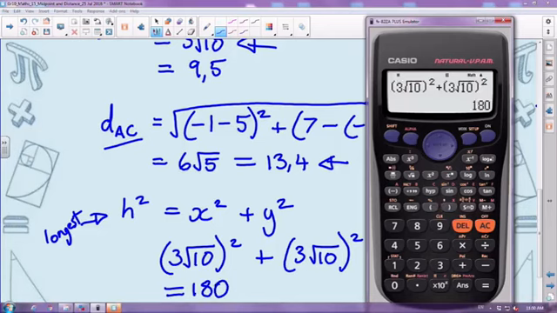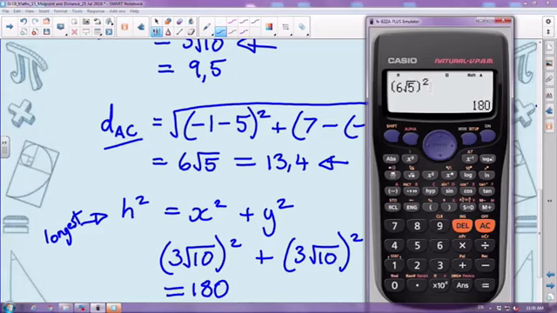Now let's see what 6, put it in brackets, 6 square root 5 is equal to when it has been squared. I'm losing my place all over the place. And close that. And 180.